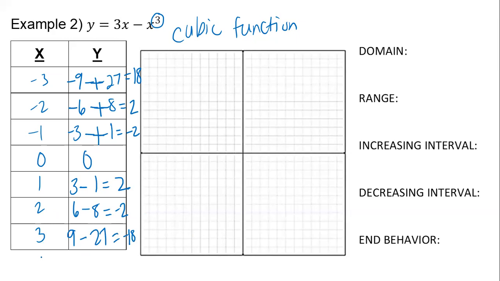All right, so I have everything, and I'm going to graph. So negative 18 will be off the page, but I can do negative 2, 2. So I go to negative 2, 2. I can go to negative 1, negative 2. I can go to 0, 0.